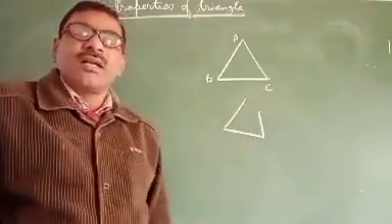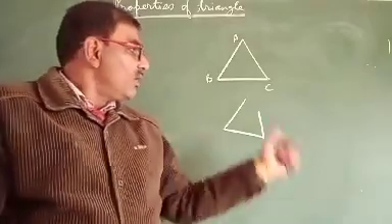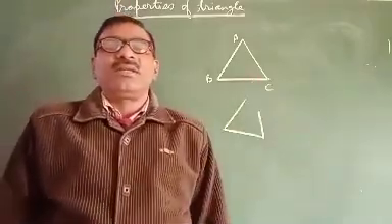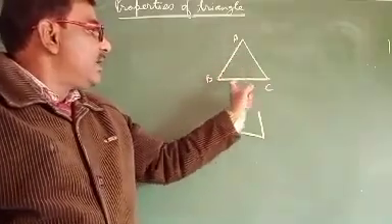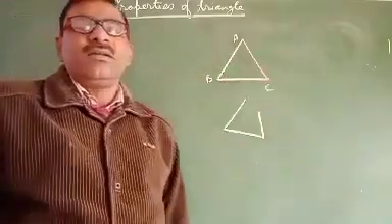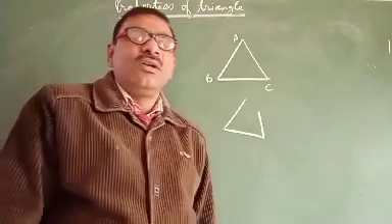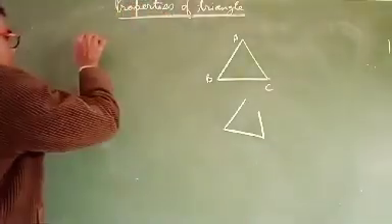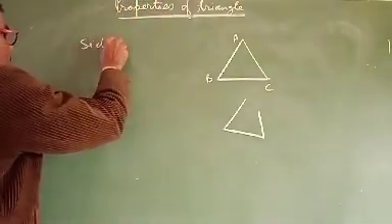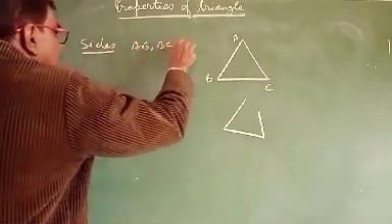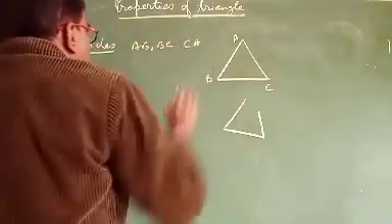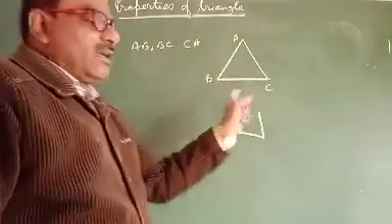So a triangle is a closed figure formed by three line segments. These line segments AB, BC and AC are called the sides of the triangle.